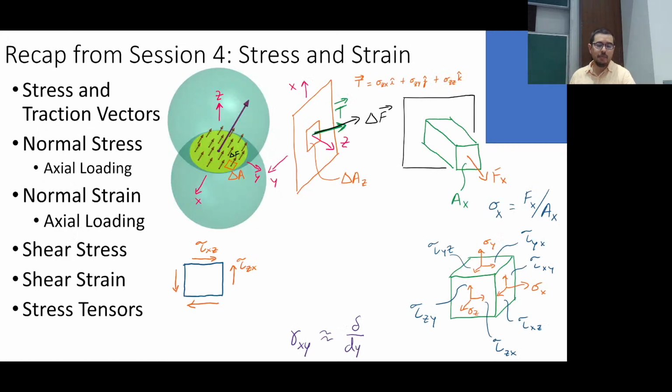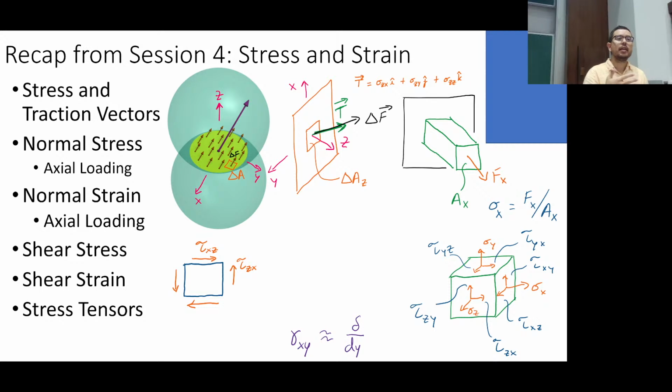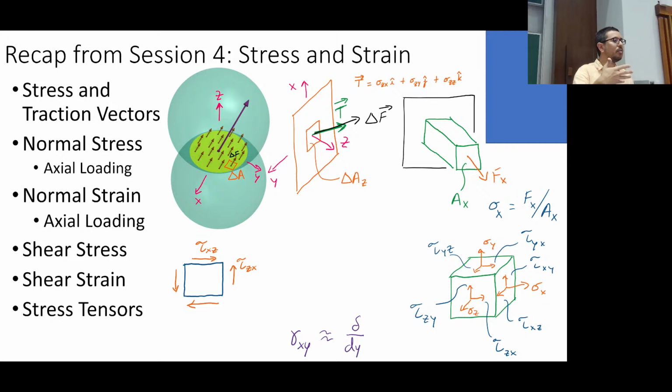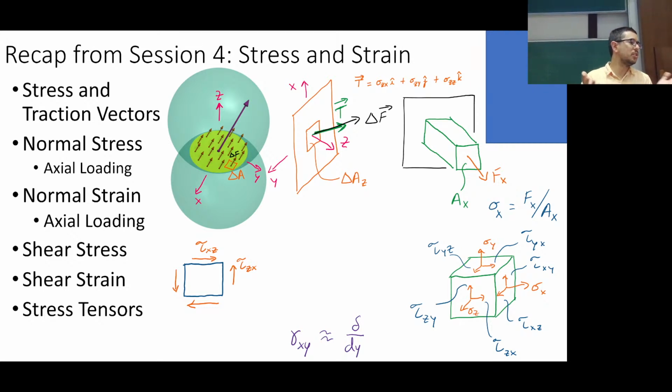So last time we introduced stress and strain, and at this point I think it's pretty clear that stress is acting over a cross-sectional area, and strain, well, it's a little more complicated. Strain can manifest itself in terms of the distortion of a shape, or it can also manifest itself in terms of the extension of a shape.